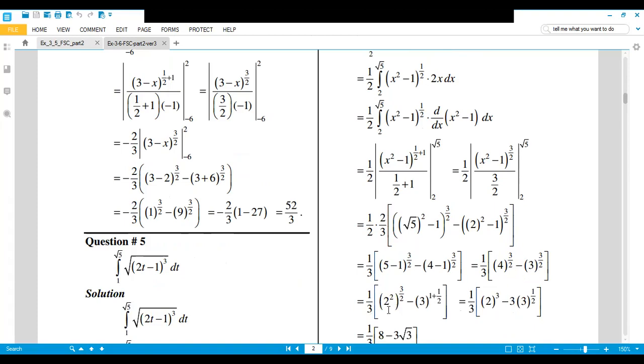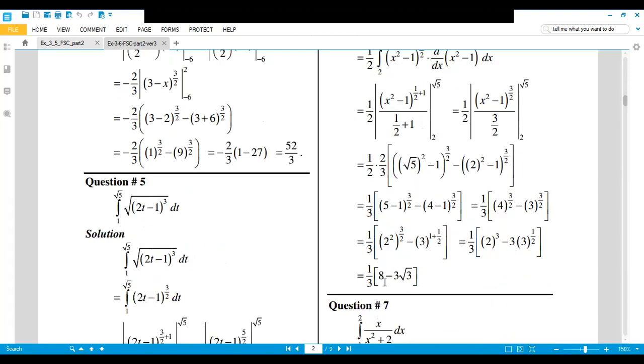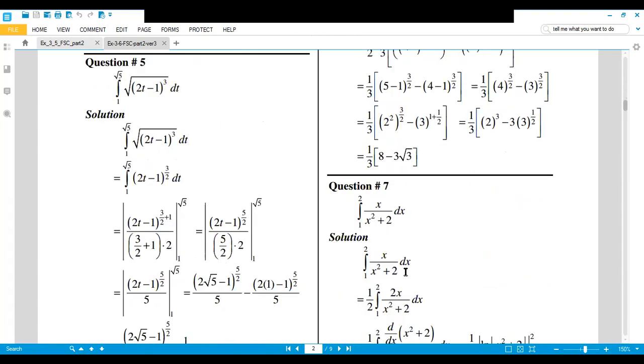So 4 is the square of 2, square and 2 cancel, so we get 2 cube, and here power 1, so we get 3 into 3 power 1 over 2. So 3 root 3 we get. So this is the required answer.